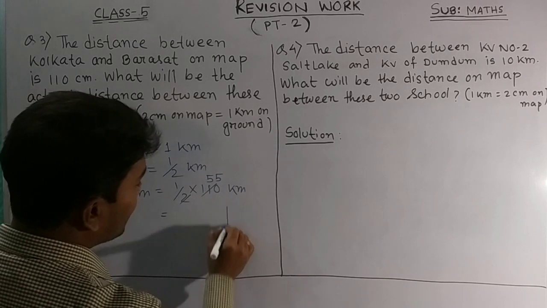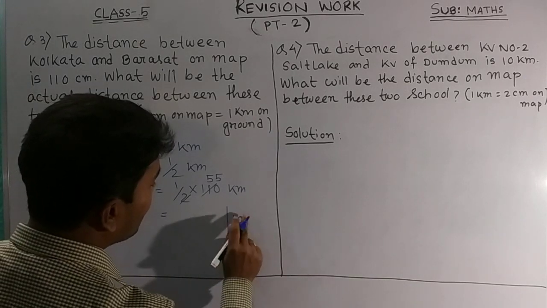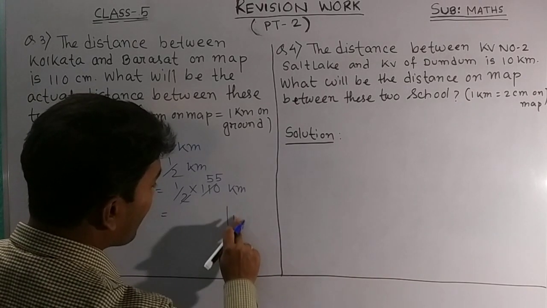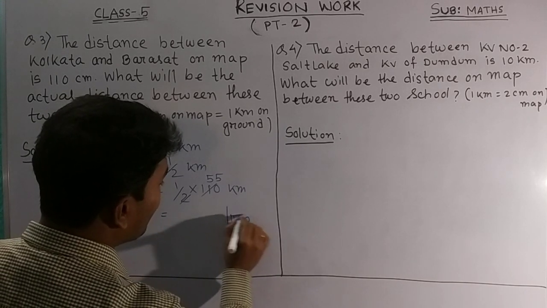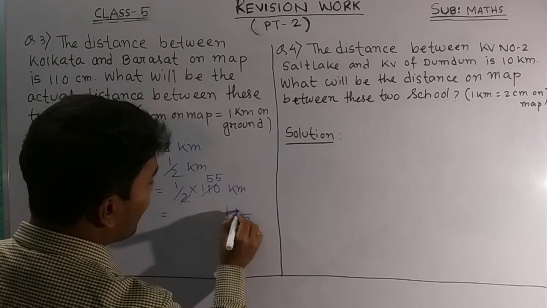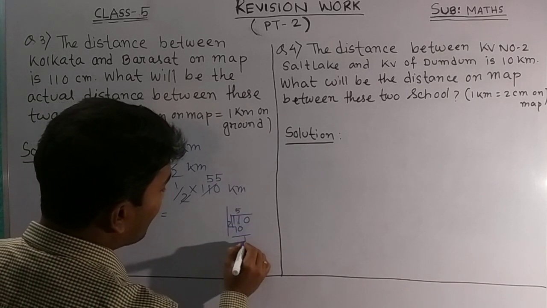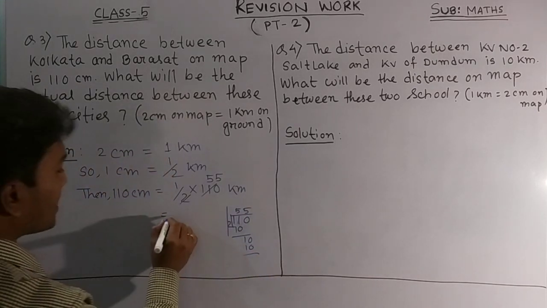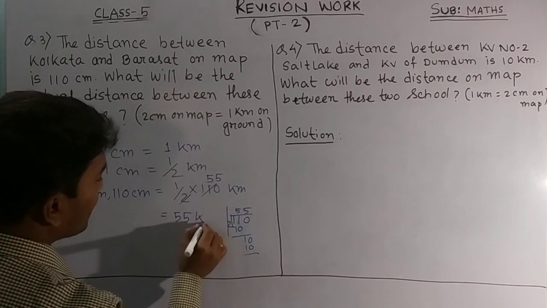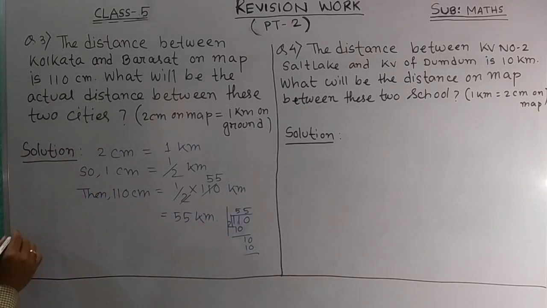We can show like this also on a rough page. In the rough we can divide it by 2, so it will be 5 twos are 10, then 1 0, 5 twos are 10, so it is 55 kilometers. So we have to write the answer. Actual distance, because it needs the actual distance.